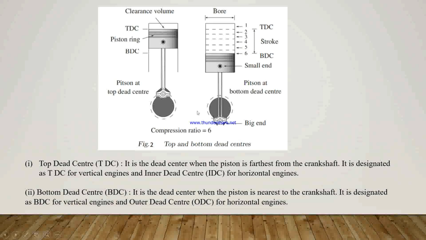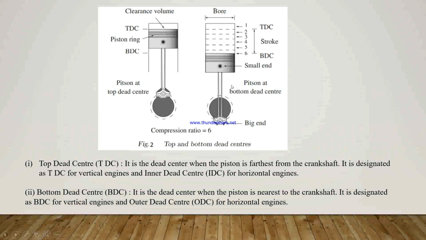Here in this figure we can see, in the first figure there is the top dead center and second is the bottom dead center. In top dead center, the piston is farthest from the crankshaft. It is also called TDC.